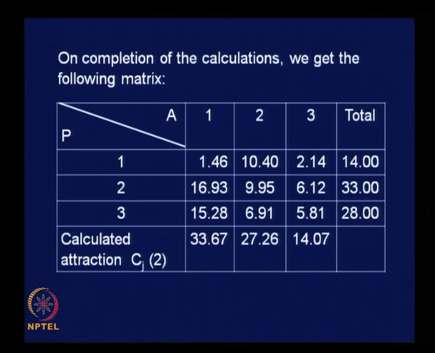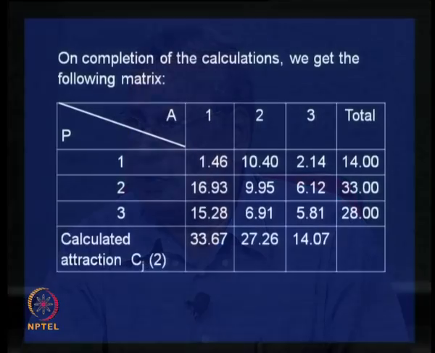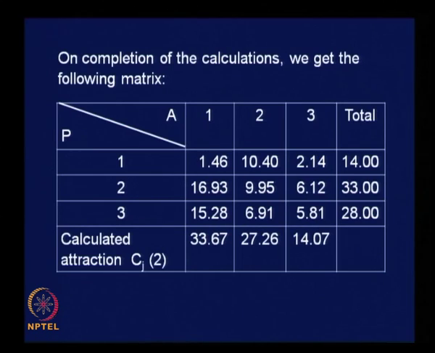Ultimately we have to round off all these numbers including each cell value to a whole number, then only your trip distribution matrix is valid, logical. You cannot have fractions in your final result, right. When you try to round off 27.26, we end up with 27, they are not matching with the desired values.